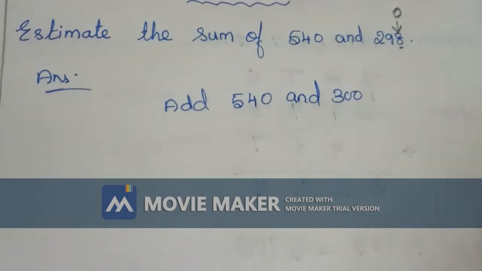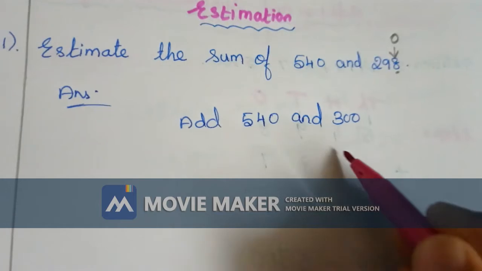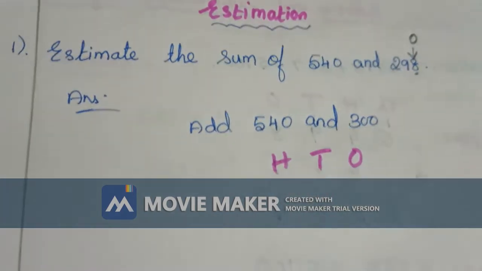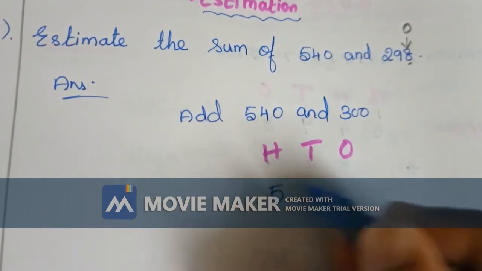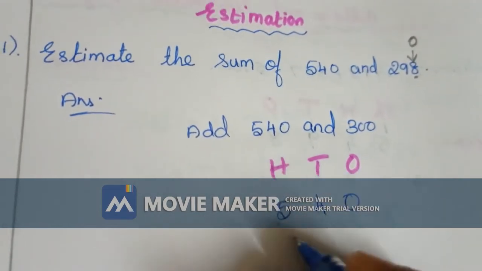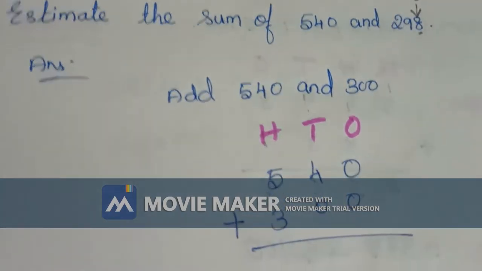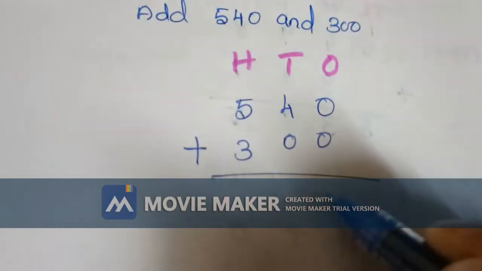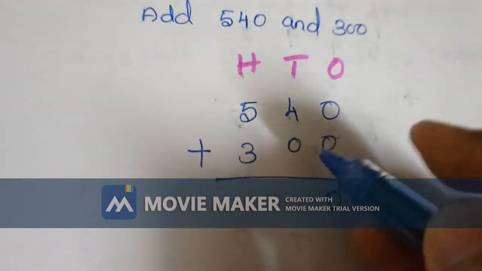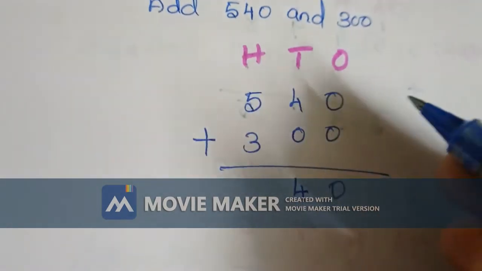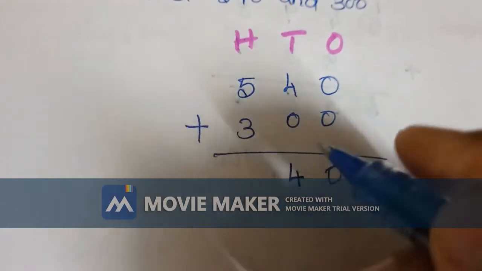These two are 3-digit numbers. So the 3-digit numbers have ones, tens and hundreds values. First write 540, then next write 300. Then you have to add these two numbers. So 0 plus 0, 0, and 4 plus 0, 4. So you have to write 4 in the tens place, and 5 plus 3 gives us 8.